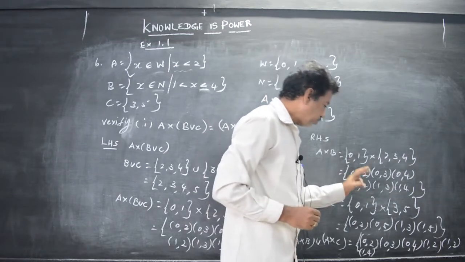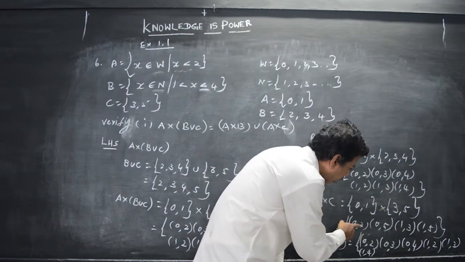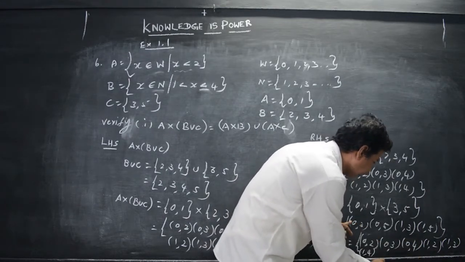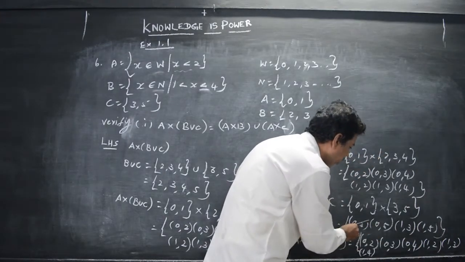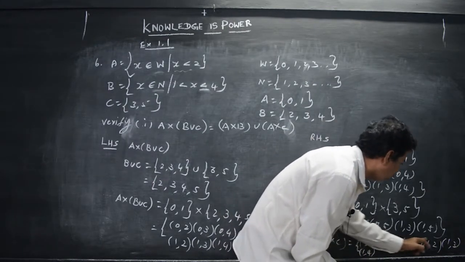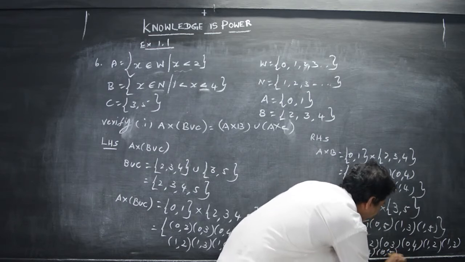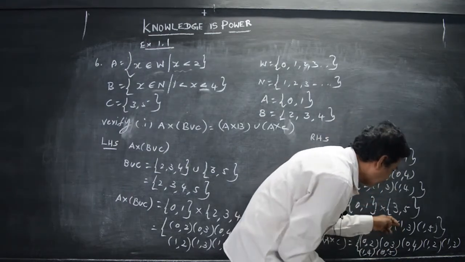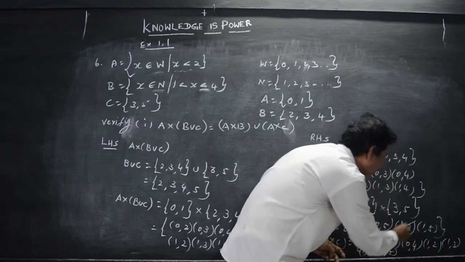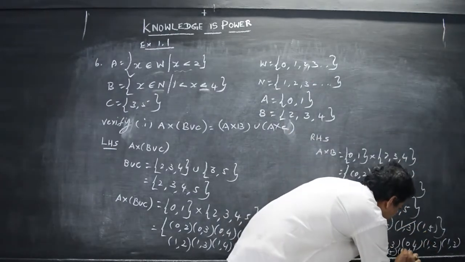When you take the second one, see how you have to write. 0 comma 3 is already written, no need to write it. And 0 comma 5 is not written here, so you have to write 0 comma 5. Then 1 comma 3 is already written, so no need to write it. Then 1 comma 5.